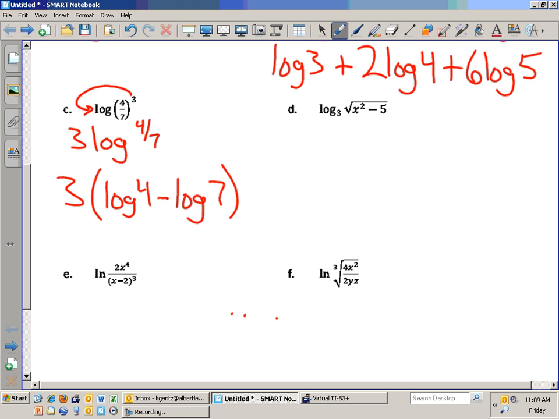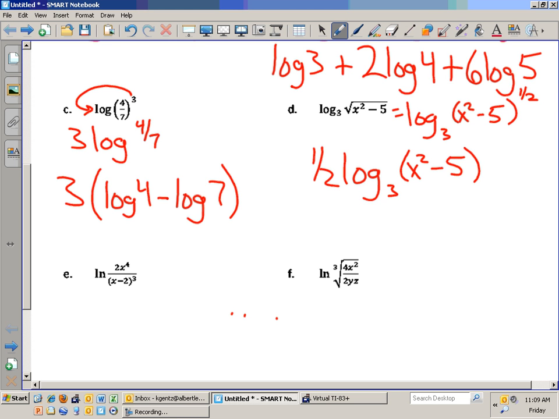I'm going to rewrite D to be the log base 3 of x squared minus 5 to a power. The square root is the 1/2 power. Very good, Nick. What can I do with that 1/2? Write it out front. 1/2 log base 3 of x squared minus 5.